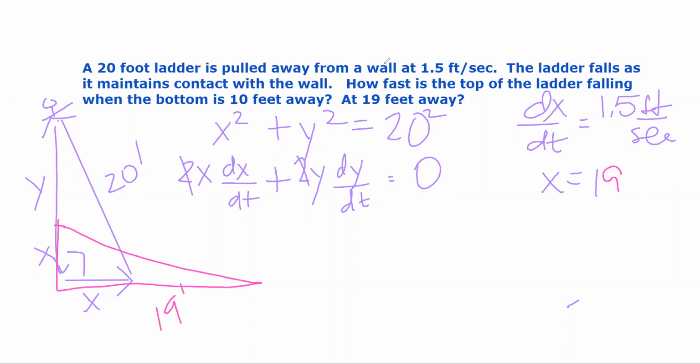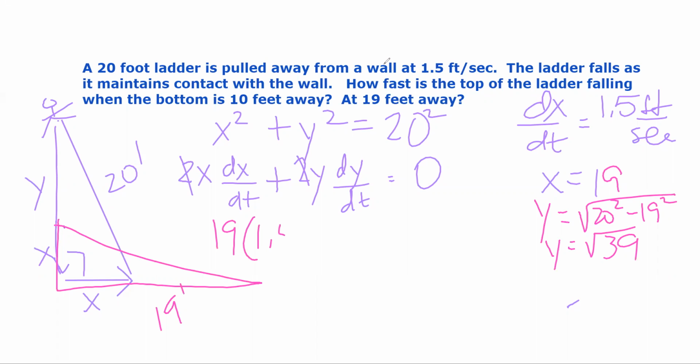x is 19. y would be the square root of 20 squared minus 19 squared. A little bit of math will help me determine that that's the square root of 39, which is still 6 feet up or so. But he is moving a lot faster. So let me plug in those values. x is 19. dx/dt remains constant. y is the square root of 39.